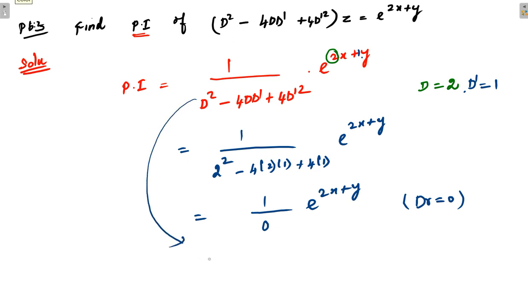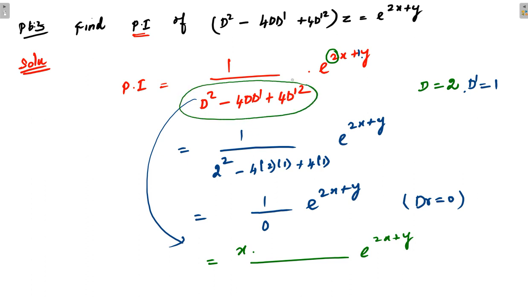By using this step, multiply x in the numerator. After multiplying x in the numerator, you have to differentiate the denominator term with respect to D, with D as the variable. Like this you have to do now.